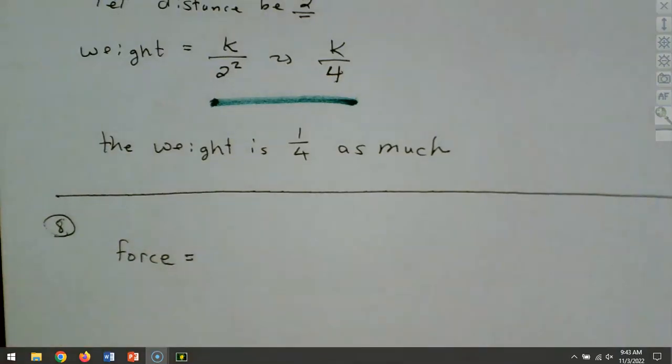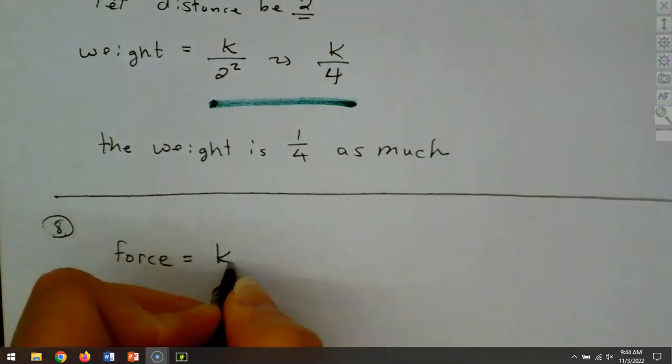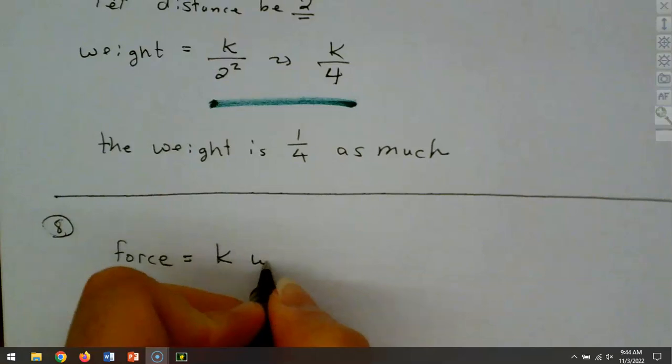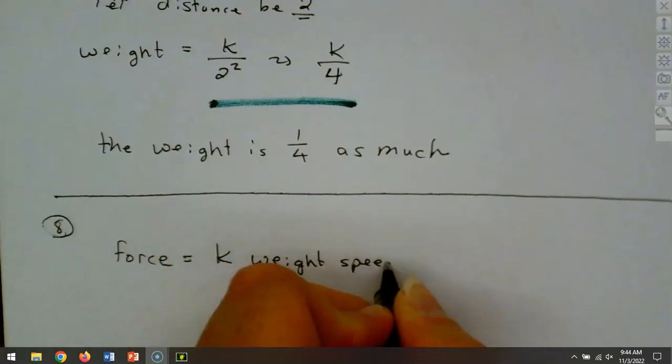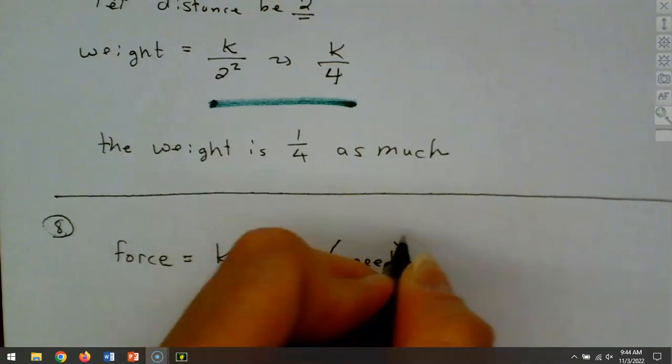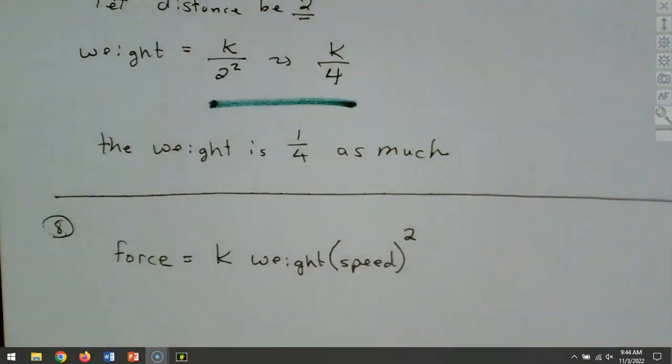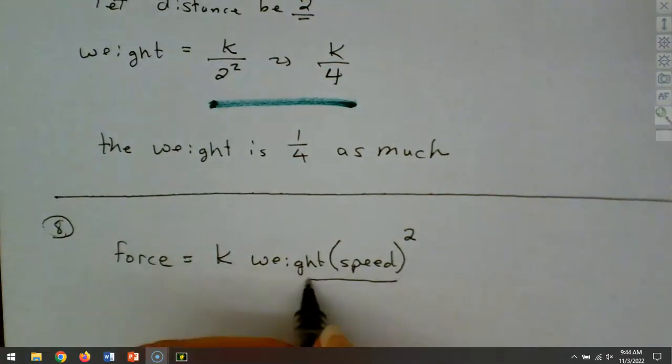Well, if we read it, it says the force needed to keep a car from skidding on the curve varies jointly as the weight of the car and the square of the speed. So k is going to be our constant. We've got our weight and we've got our speed of the car, but the speed of the car is going to be squared, and it's inversely to the radius of the curve.